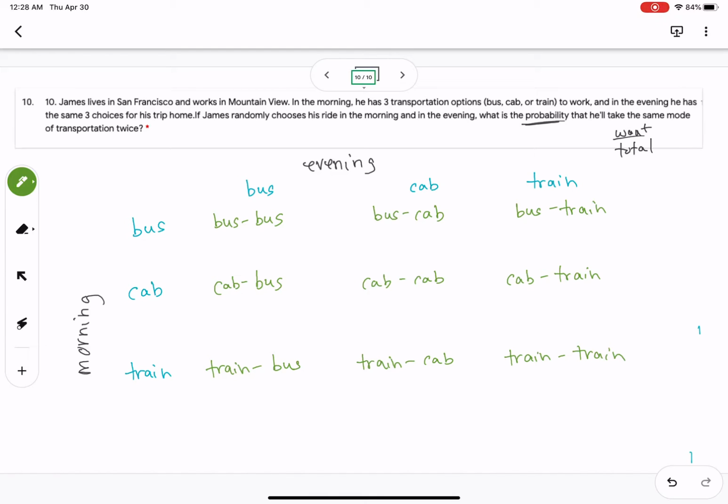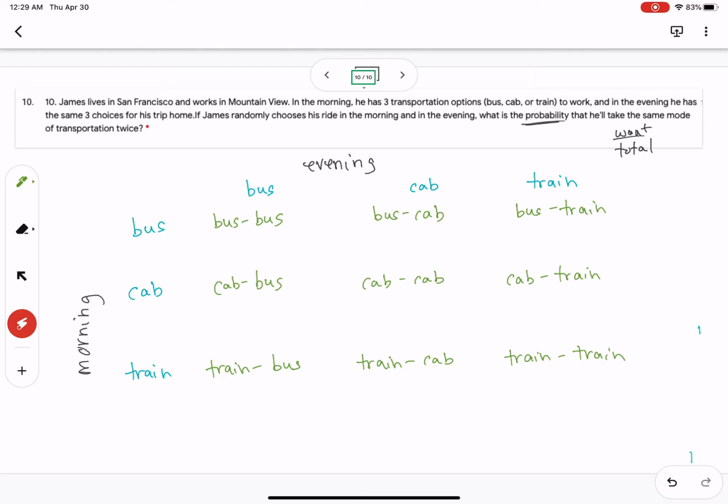So bus, bus; bus, cab; bus, train; cab, bus; cab, cab; cab, train; train, bus; train, cab; train, train. And that's how I'm getting all those different options here.